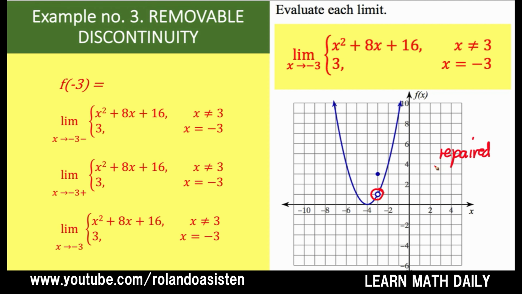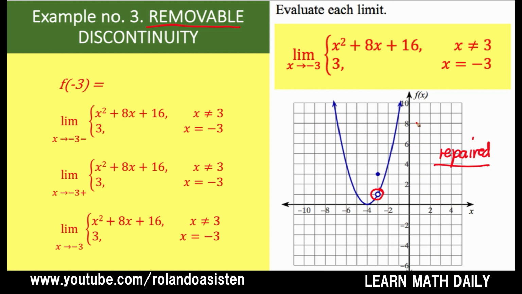But this hole can be repaired by just putting in this one single point to complete all the points in this curve. When all you need is one point to repair the function to make it continuous, then you say that function has a removable discontinuity, because the discontinuity was created by just removing a single point, and it can be repaired by putting that point back to the curve.